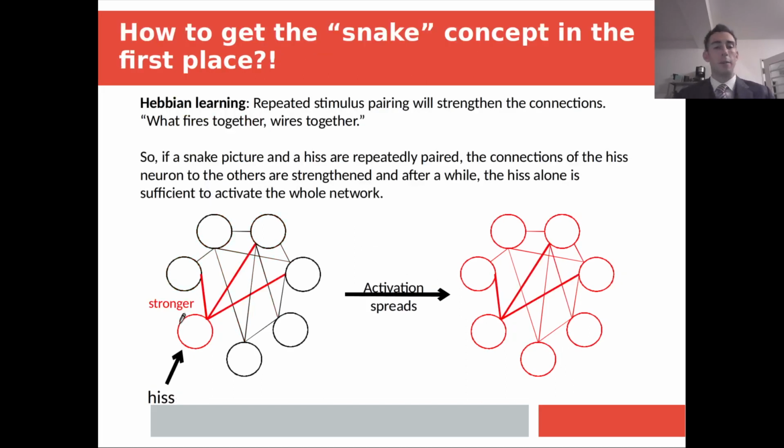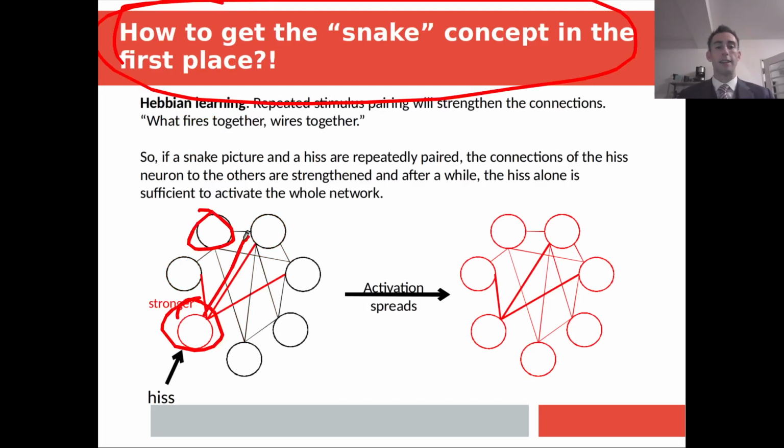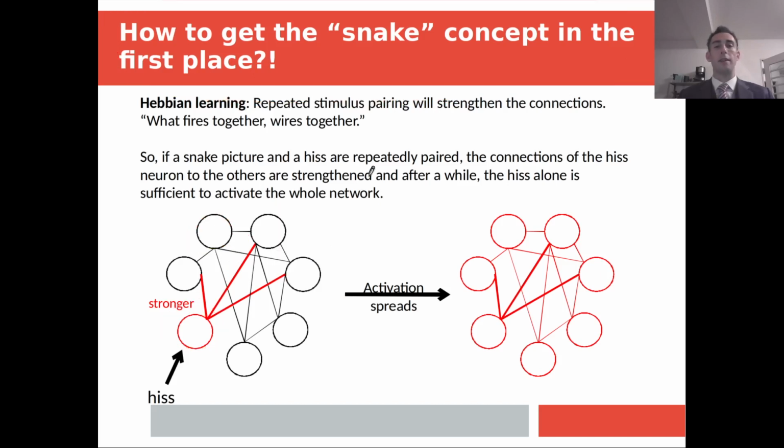How do these become associated in the first place? How do you get the snake concept in the first place? How do these different parts of it link together so that they spread and activate each other? Well, Hebb also postulated that basically neurons that fire together wire together. So if you have things that are active at the same time, then the connection between them will strengthen. And if they're not active at the same time, the connection between them will weaken.